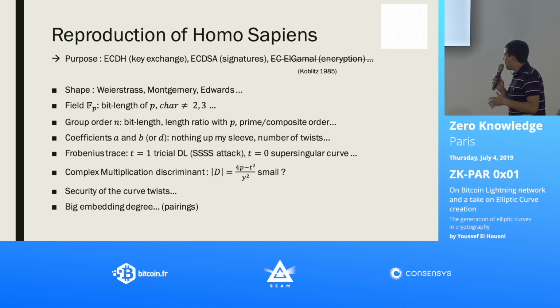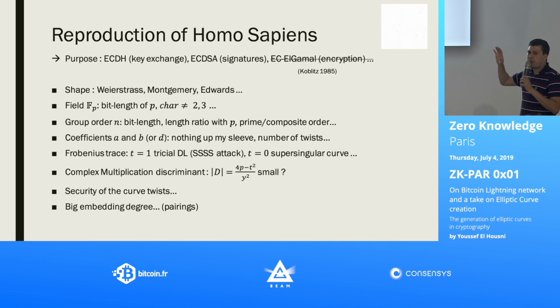So once we have defined all of this, the question is, how can you create your own elliptic curve? For example, everyone who uses elliptic curve cryptography knows what is ECDSA or ECDH, so key exchange or digital signatures.